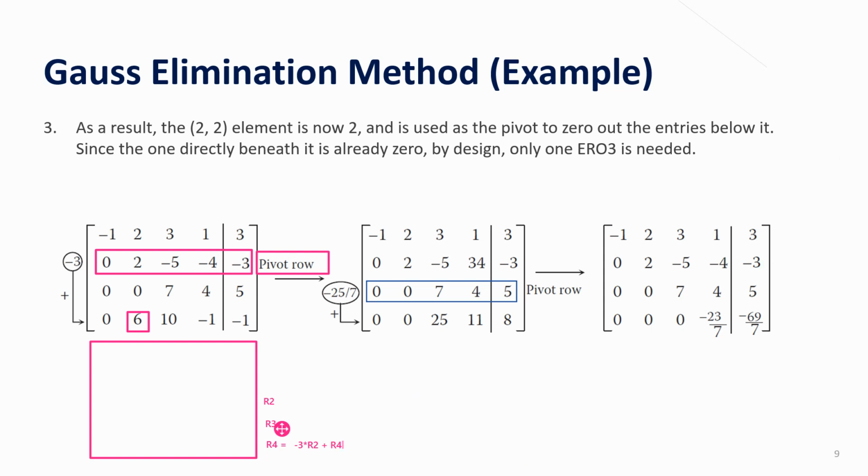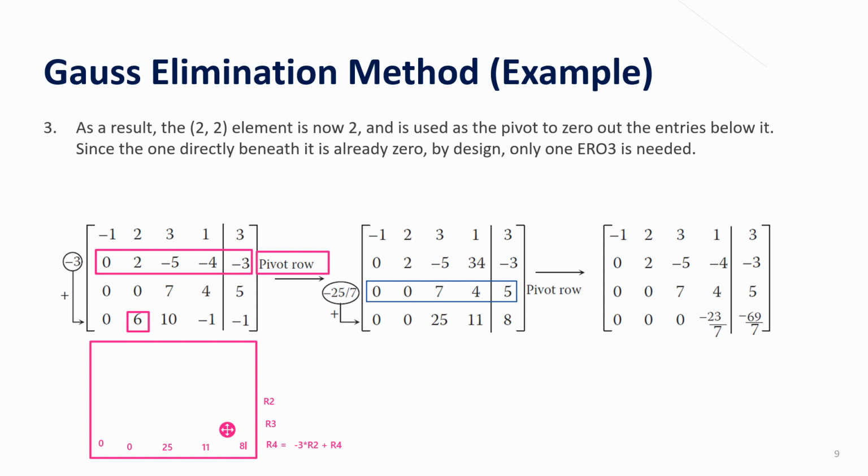So your row 4 will become: this one keeps 0, and then 2 multiplied by minus 3 plus 6 is 0, and minus 5 multiplied by minus 3 is 15, plus 10 will be 25, and then minus 4 multiplied by minus 3 is 12, minus 1 is 11, minus 3 multiplied by minus 3 is 9, plus minus 1 is 8.